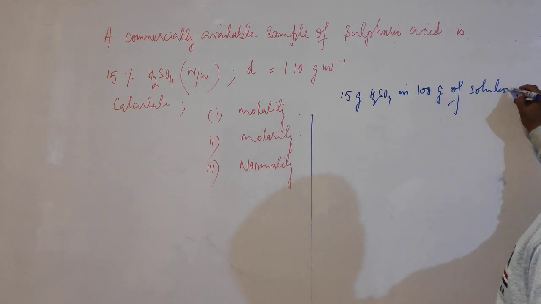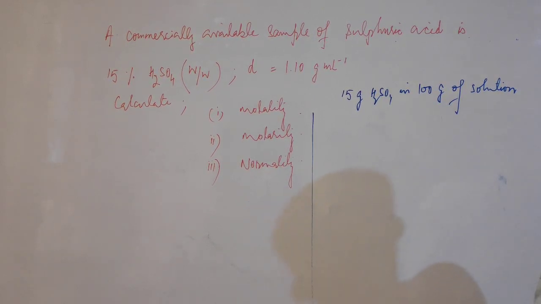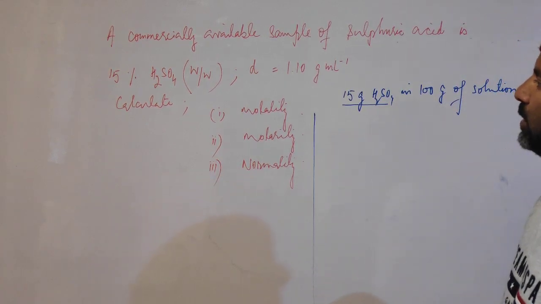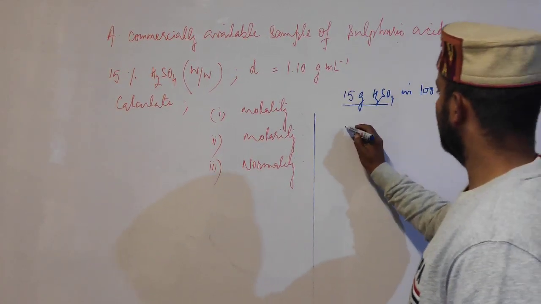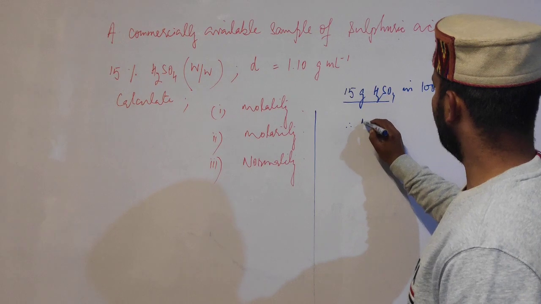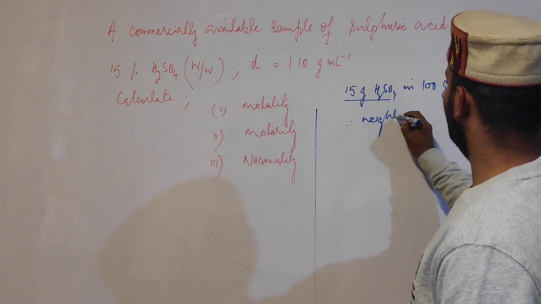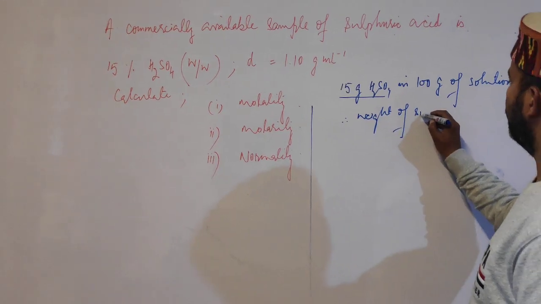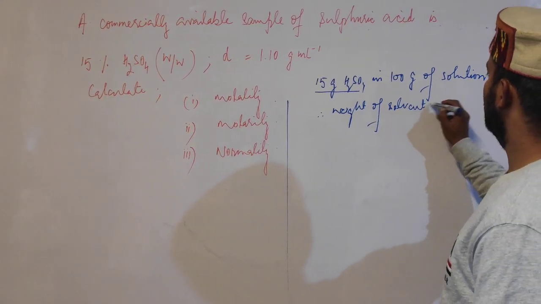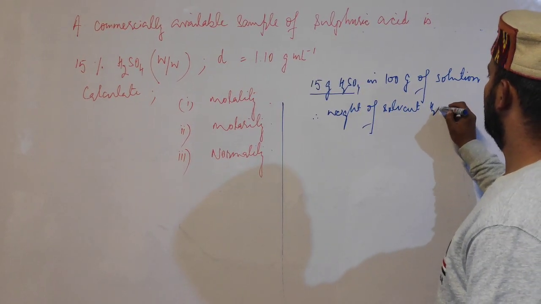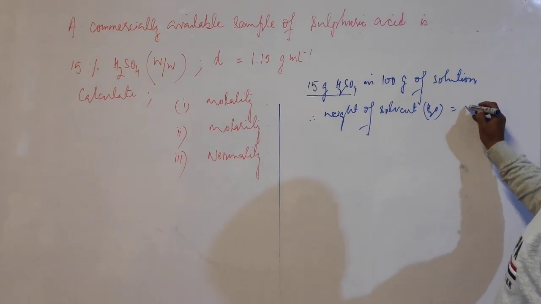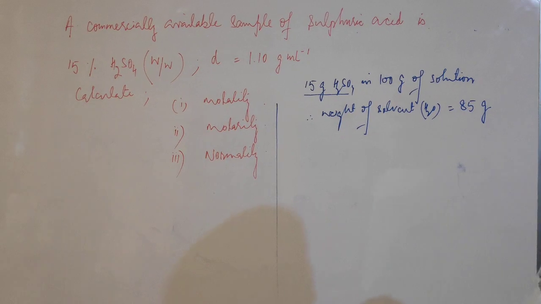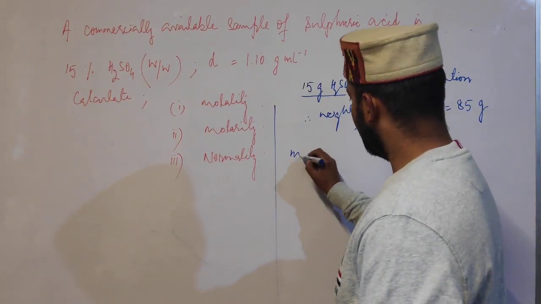Now students, so weight of solute is 15 gram, and therefore what is the weight of solvent? We are assuming that it is an aqueous solution. So weight of solvent, that is water, is how much? It is 85 gram.